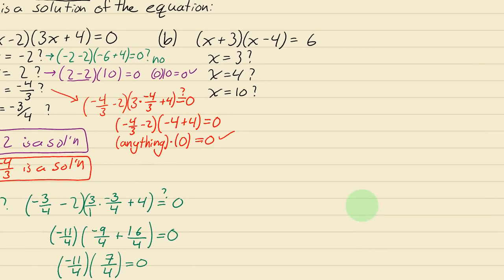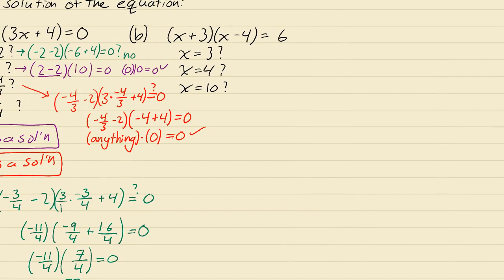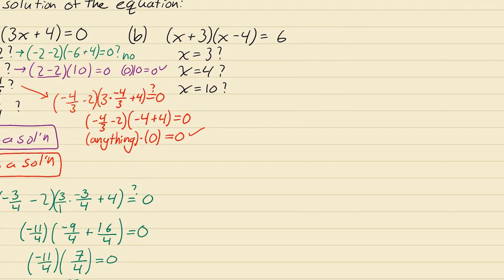Now for part B here, let's see. If you plug in 3 into this, you see this is going to make this factor equal to 6. So let's just check if that is actually a solution. Oh yeah, it does make one of these factors 6, but the whole thing becomes 6 times 3 minus 4, which is -1.